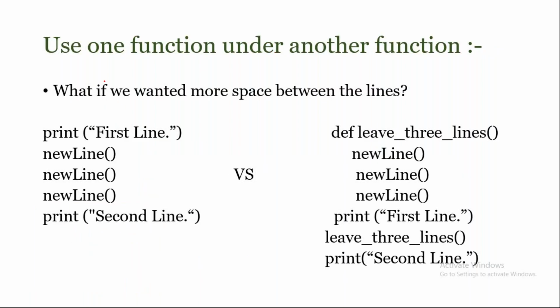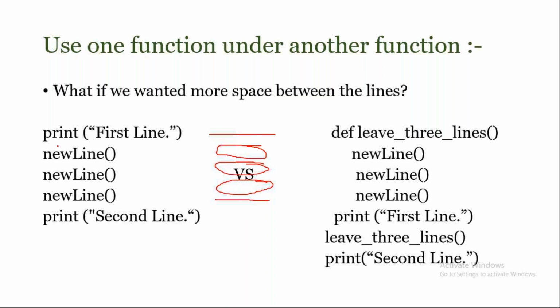So you have already seen how we are going to use one function. Now suppose instead of leaving one line, I want to leave three void lines: first line, then three void lines, and then second line.